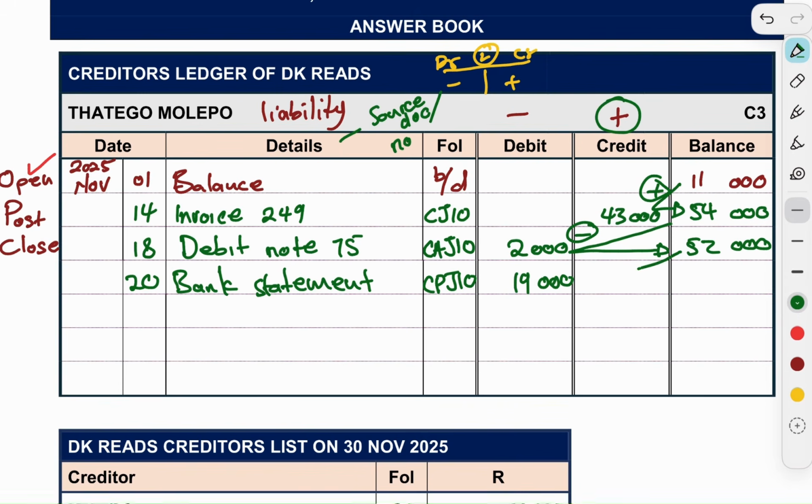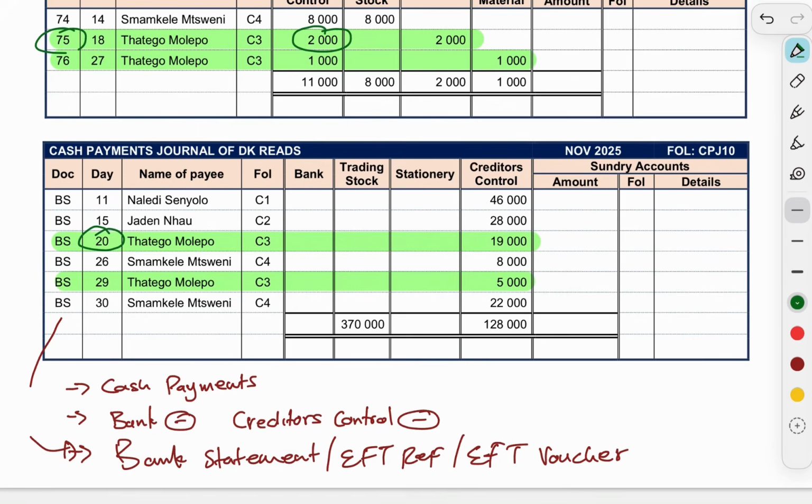So what is the new balance? Guys, you don't have to draw these arrows. I'm just showing you for illustration purposes. So what is the new balance after paying 19,000? You should get 33,000 after making that payment. And then there was another transaction on day 26.